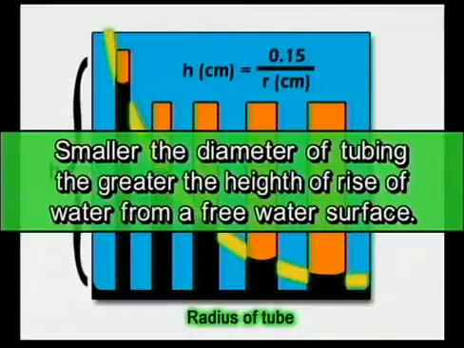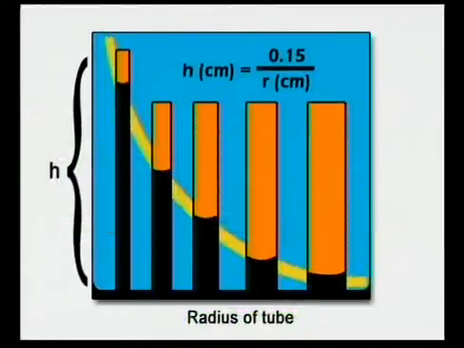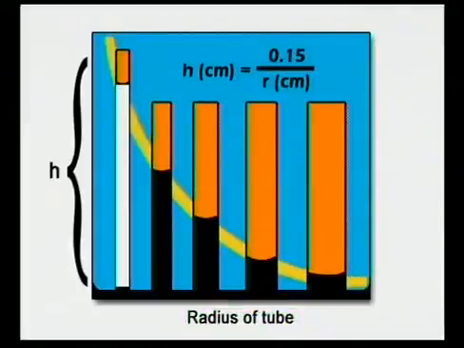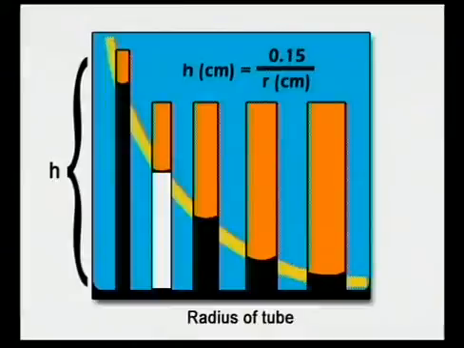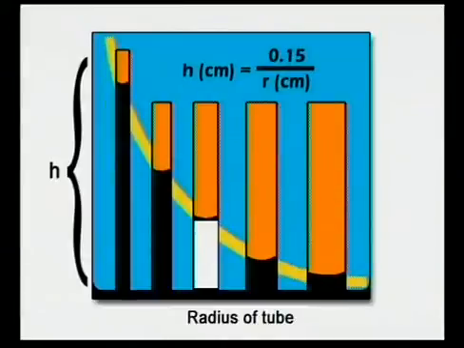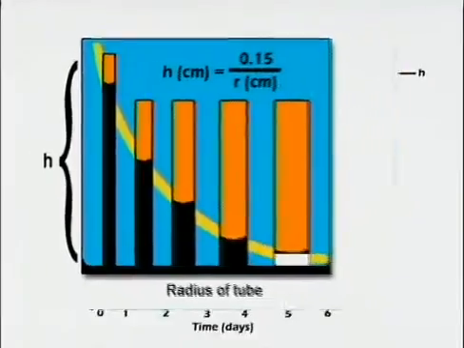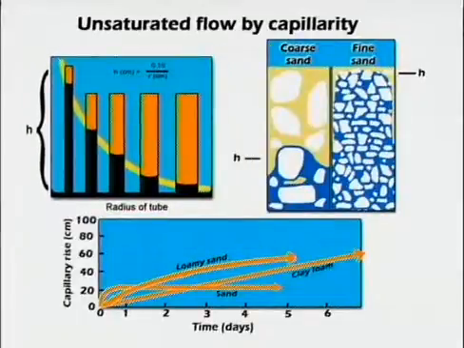So in this extremely small capillary tubing or glass tubing, the height of rise would be quite high. As the size of the tubing gets larger, the height of rise gets correspondingly less, to where at some point, if we have extremely large diameter tubing, that height of rise is going to be pretty insignificant. Well, soil pores act very similar to capillary tubing.